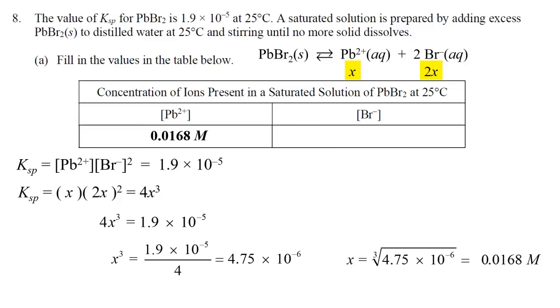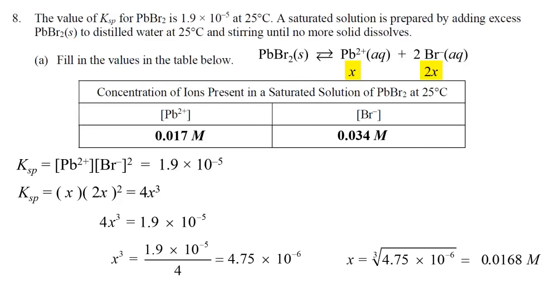Based on that 1:2 ratio, the concentration of the bromide ion in this saturated solution should be twice as much. So 0.0168 times 2 is equal to 0.0336 moles per liter. So these are the answers to part A. If we decide to round off our final answer to 2 significant figures, then we would get 0.017 and 0.034 for the concentration of lead and the concentration of bromide, respectively.